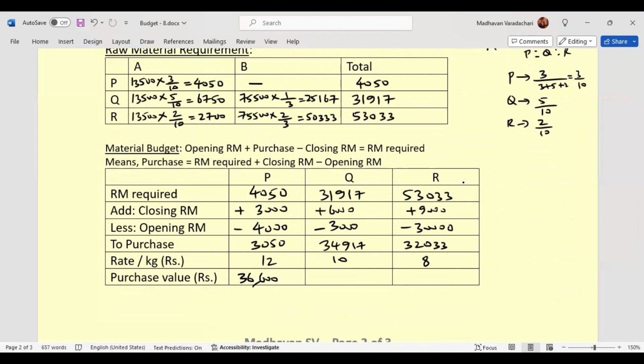So, that is Q, we will have 349,170 means 3,49,170 rupees. Here it is 32,033 into 8, 256,264 means 2,56,264. That is the solution for this particular question.